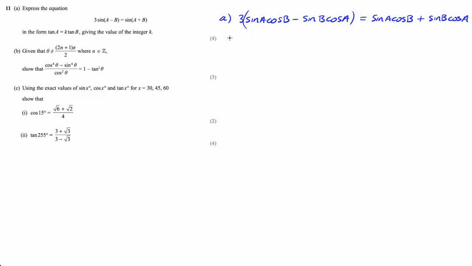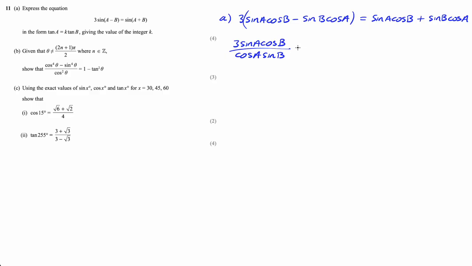What's the best way to do this? I think if we divide everything by cos A sin B, that might work. So it's 3 sin A cos B over cos A sin B. I'm just going to divide every term by that.